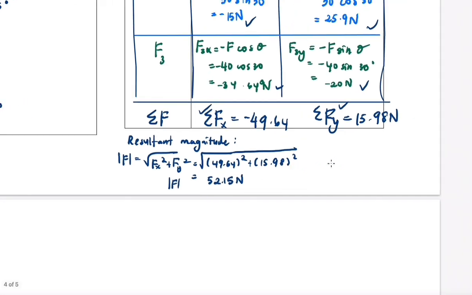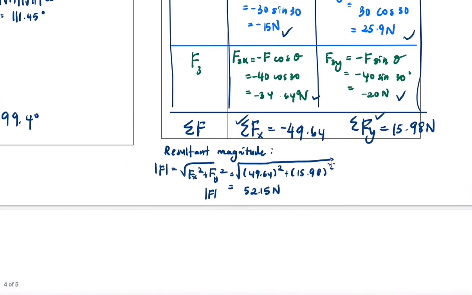But we know kalau it's a vector, dia mesti ada direction juga. So the next thing we need to find the resultant direction. Resultant direction, which is tangent theta equals to Fy over Fx.